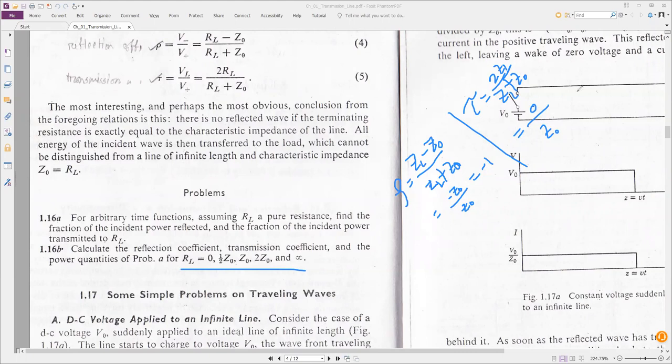It would be 0, so nothing will transmit here.